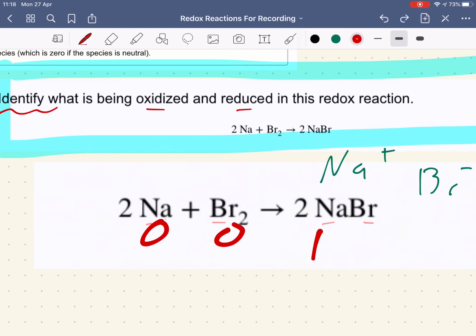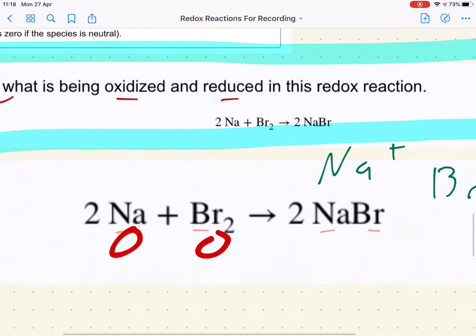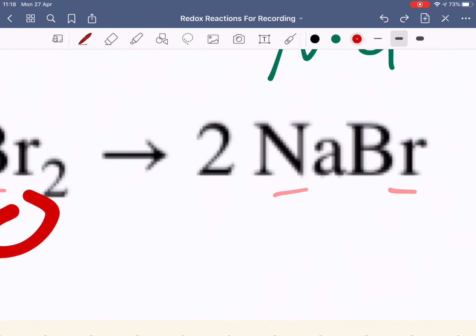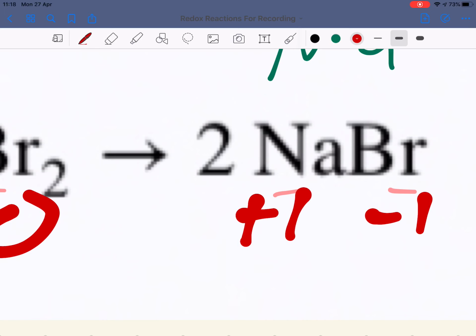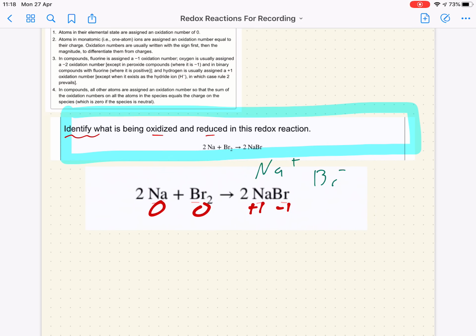I don't like the way that looks. Let's zoom in a little bit so we can write it a little cleaner. +1, -1. All right, so there we've got all of our oxidation numbers for the 4 different things present here.